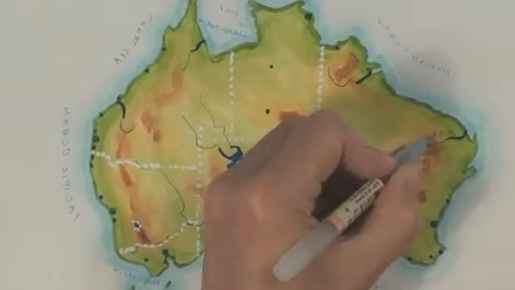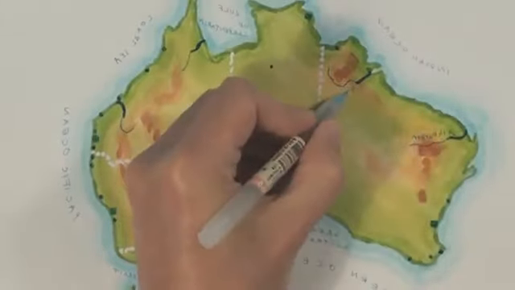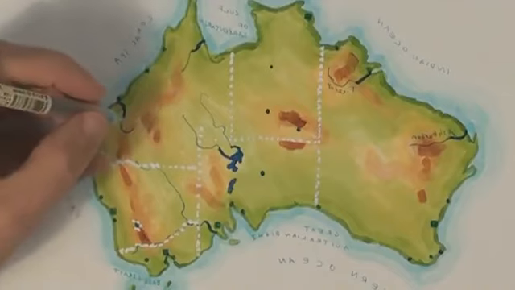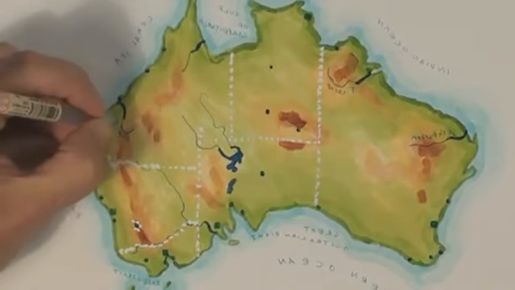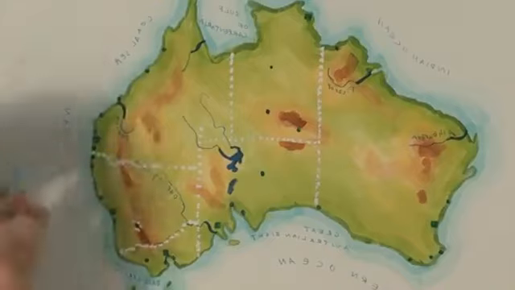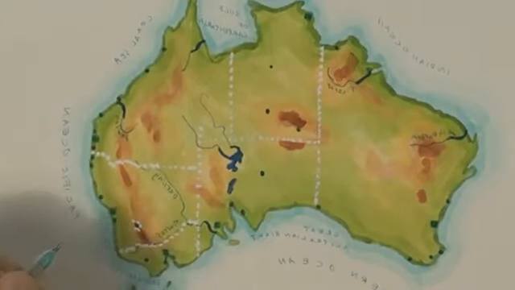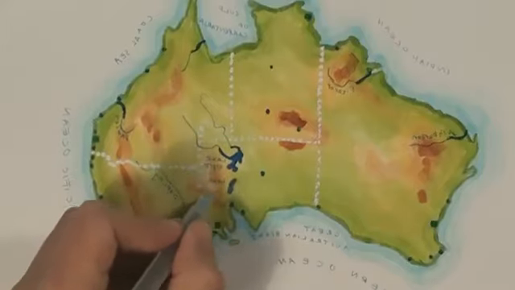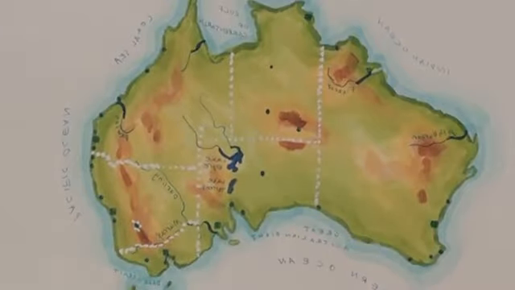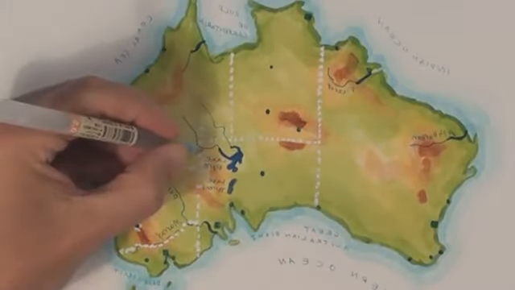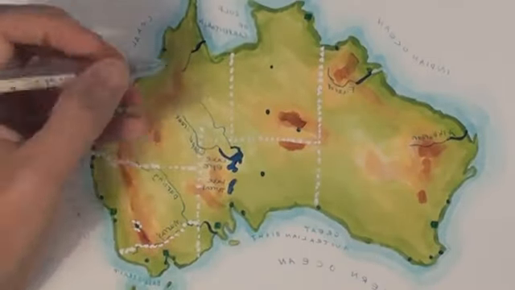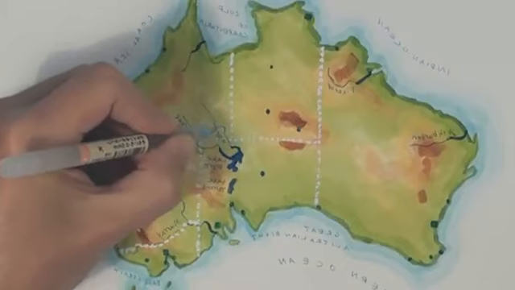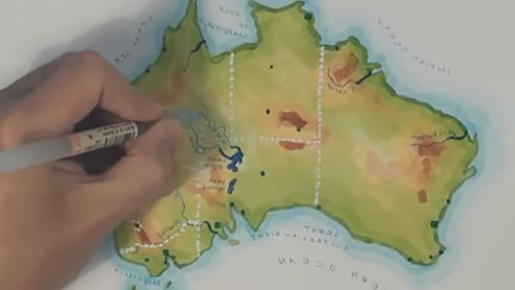And this was the Fitzroy, and this was the Dawson, and the Darling, Murray, and Lake Torrens. And here we have the Cooper, and this one, the Warburton River.